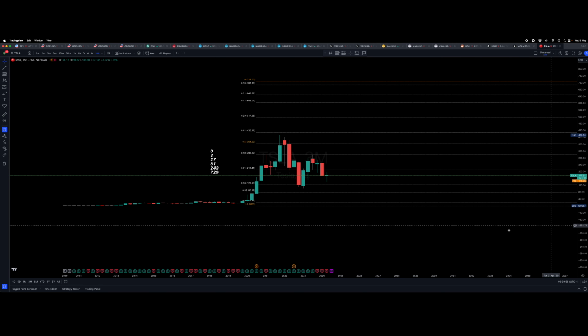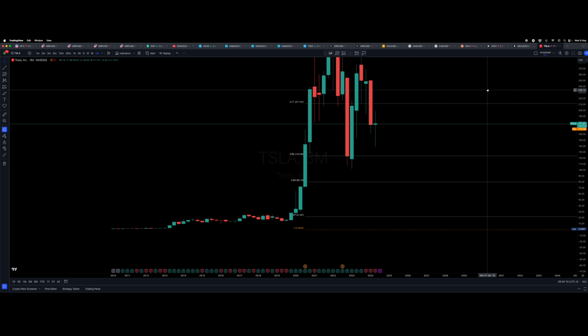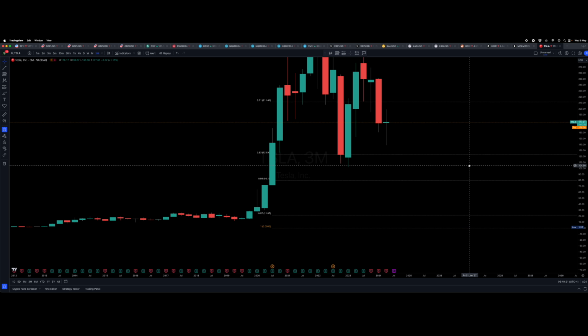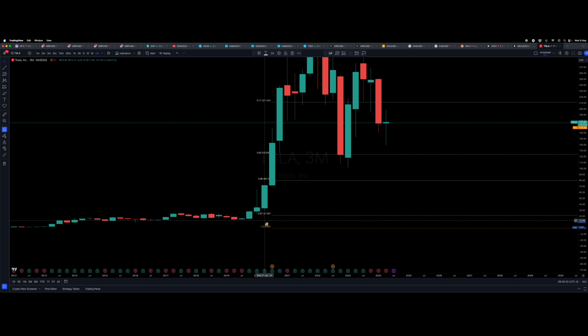It is telling us that the high would be here. The equilibrium is here at the 0.5 level, and then the PDRAs will form here.